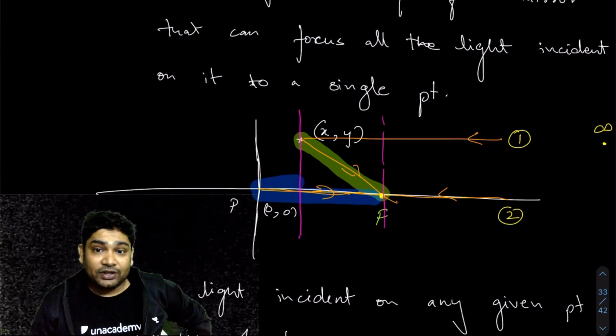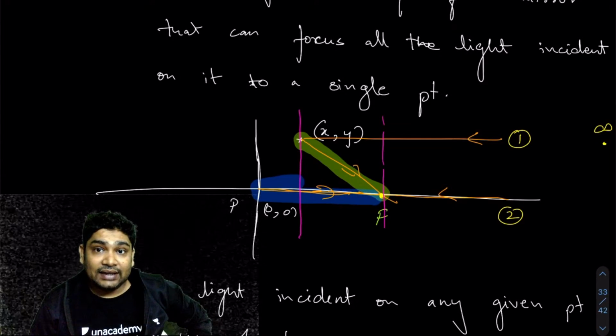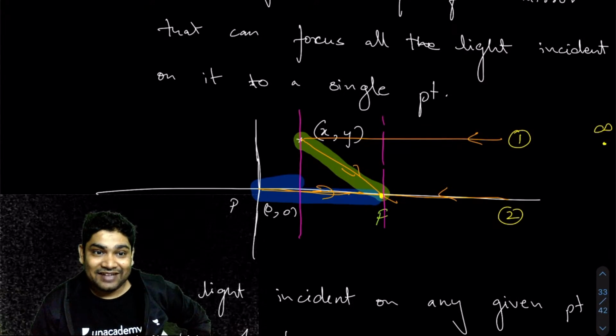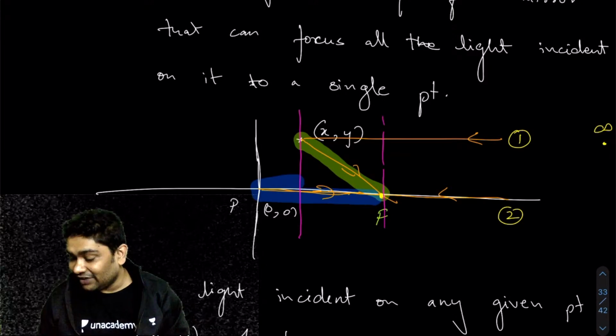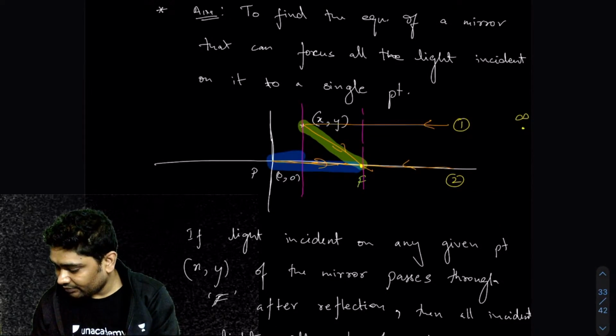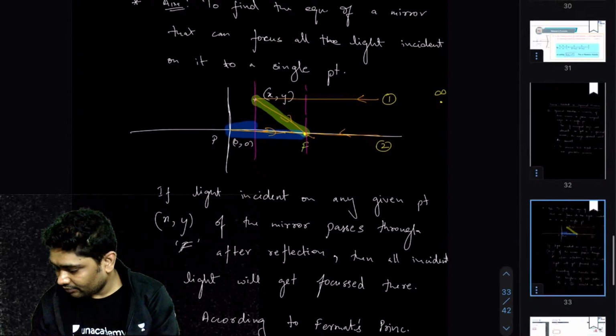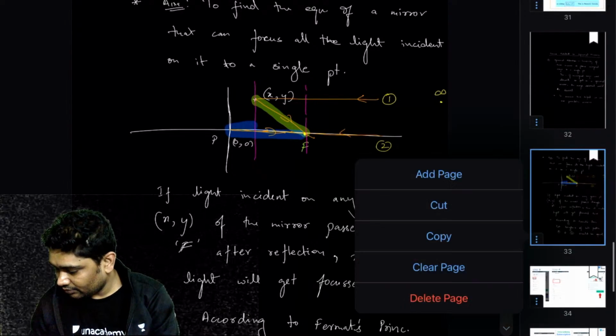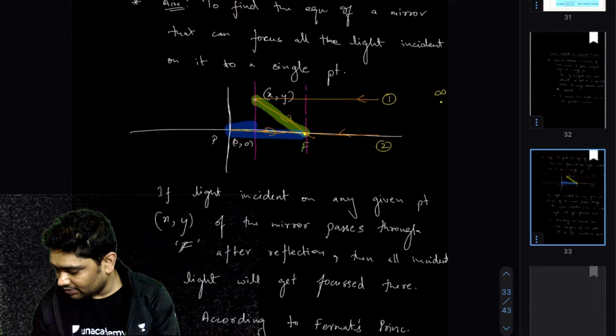After the reflection, if the two path lengths are equal, then I will have my Fermat's principle satisfied. So I can say, let's move on to the next page.